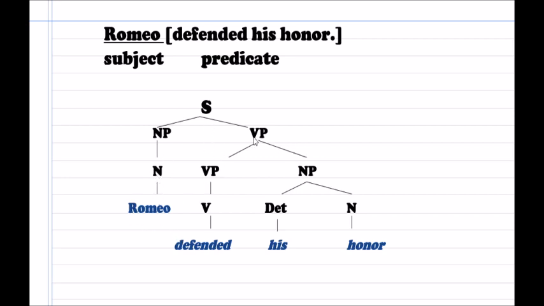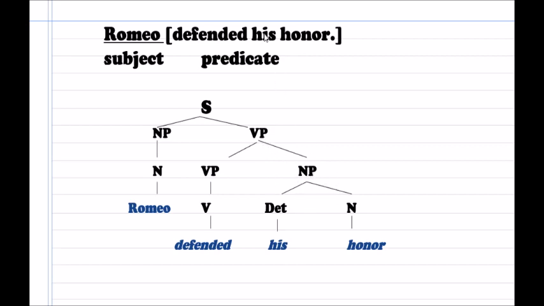Next is the verb phrase. Under the sentence is a verb phrase, which is the predicate. And under the verb phrase is another verb phrase in which only the head position is filled: defended. Defended is the head of the verb phrase. And under the verb phrase is also a noun phrase.